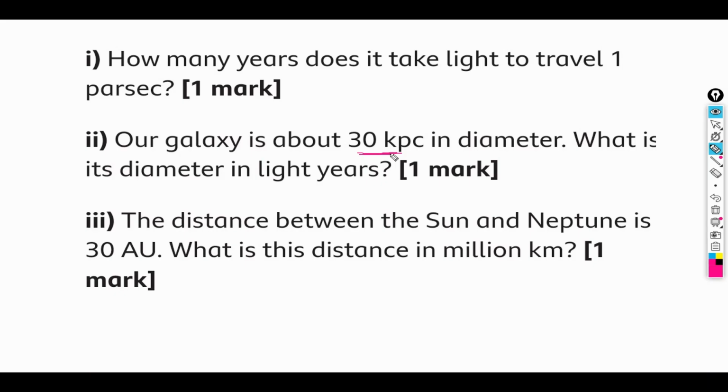So imagine the diameter of our Milky Way galaxy, how big it is. Now the third question is, the distance between the Sun and Neptune is 30 astronomical unit. What is the distance in million kilometer? All these questions are based on astronomical unit only. If you want, you can revisit those units and then attempt these questions. Now a few more bonus questions.